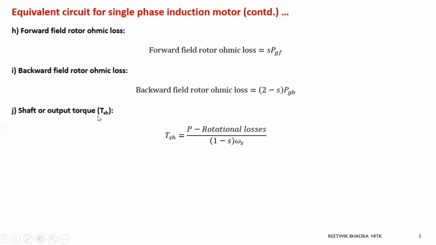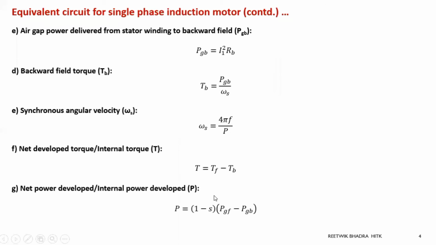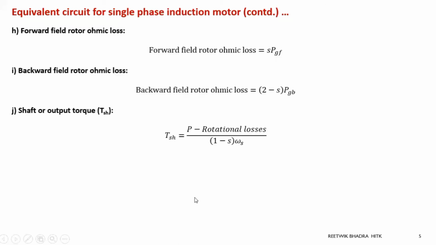And at last, what we will do is calculate our shaft torque. At the output is the shaft, and we have already calculated the mechanical power P. If I subtract my rotational losses, that is the friction and windage loss, from there, we get the shaft power. Again, where am I telling this from? I am telling it from the power flow diagram, which I taught you in the three-phase induction motor.